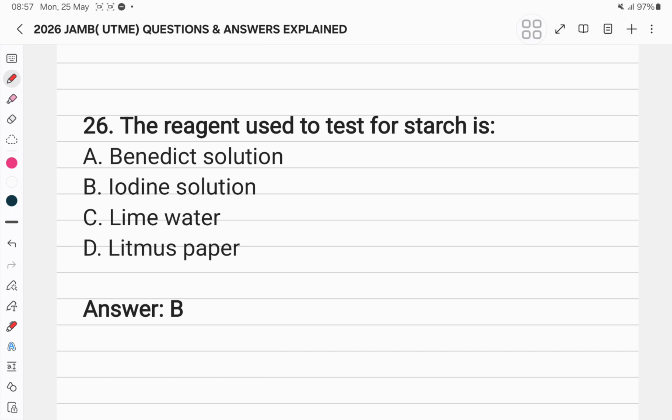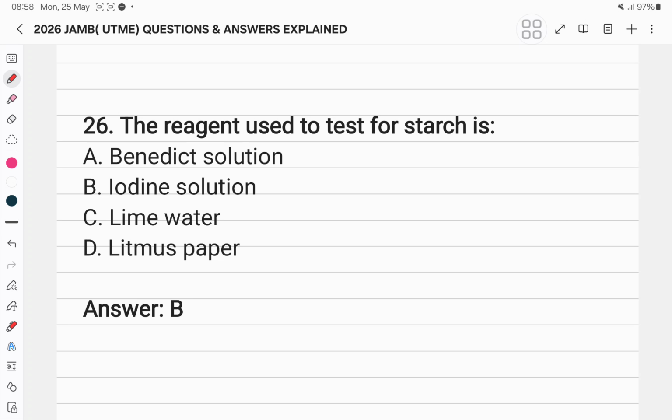When Benedict solution or Fehling solution is added to a solution of glucose and heated, there will be brick red precipitates. That confirms that the substance contains glucose. That's with Benedict or Fehling solution.